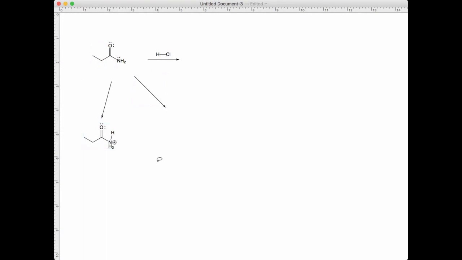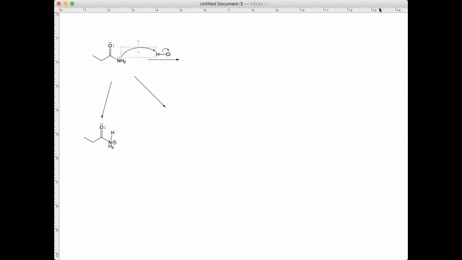Okay, so if the nitrogen is acting as a Lewis base, these two electrons are used, and I'm going to use an arrow here. These two electrons will be used to form a bond, and I'm going to color code this so you guys can see it.